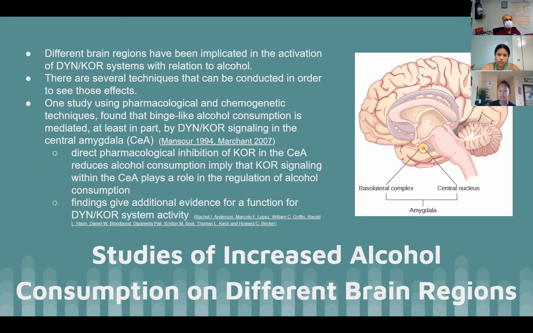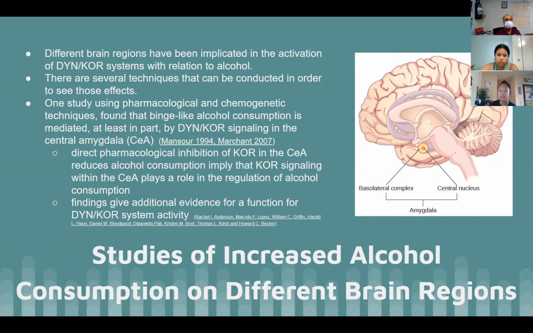One experiment conducted in this paper looked into the effects of intra-central amygdala injection of KOR antagonists on binge-like alcohol drinking. During the drinking-in-the-dark or DID treatment, mice consumed alcohol every week. The mice were then given microinjections of norbinaltorphimine into the central amygdala, which was shown to reduce alcohol consumption.